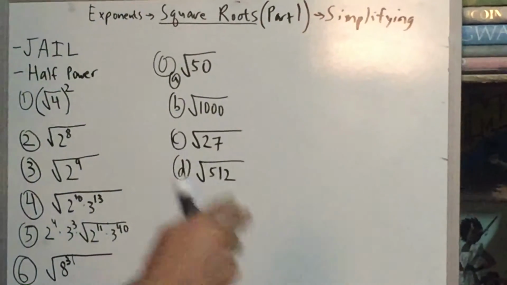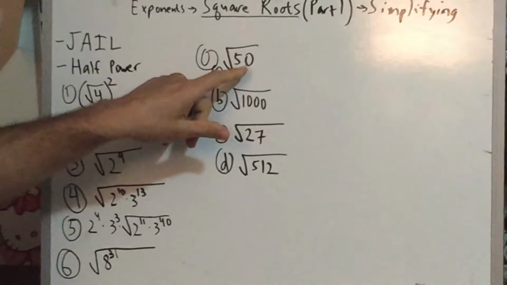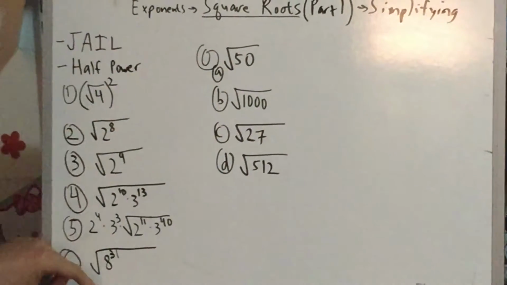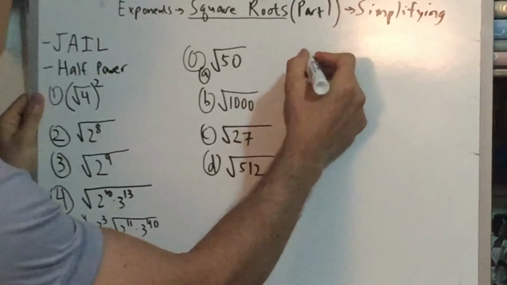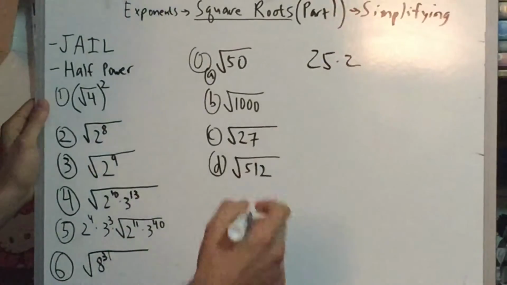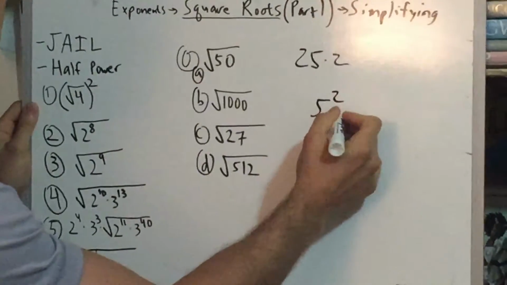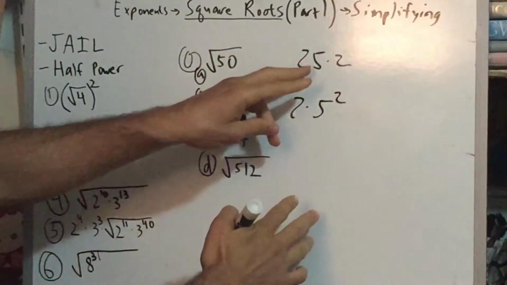So what do you have to do when you have pretty large numbers? This is not simplified. So let's first discuss these simple cases and then we'll go to some of these more advanced ones. So what is the square root of 50? 50 turns out to be 25 times 2. Now if you had done the prime factorization, you would have seen that it's 2 times 5 squared, which is the same as that.